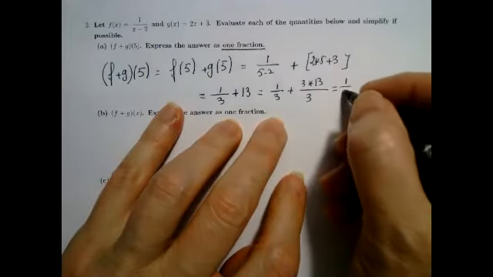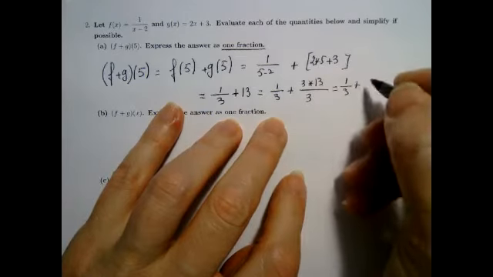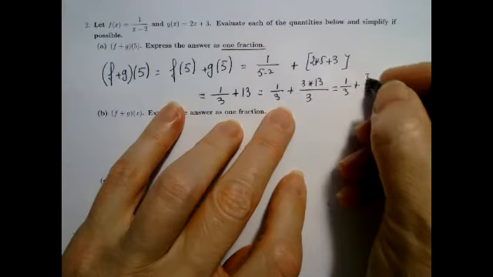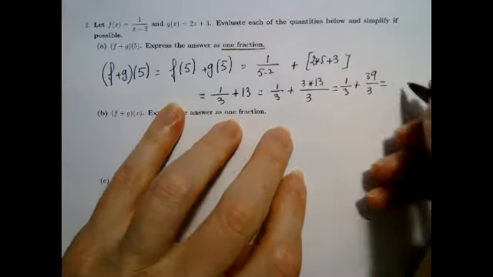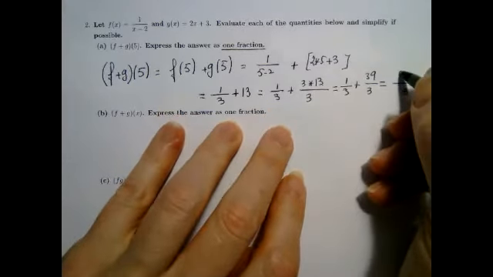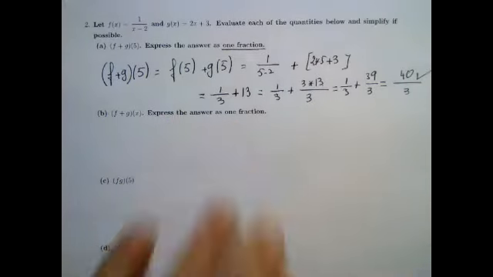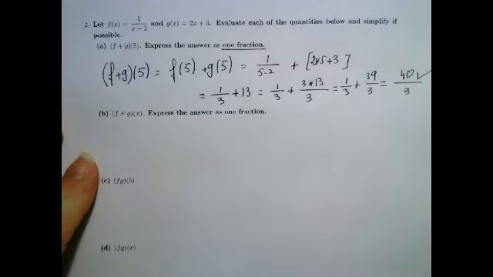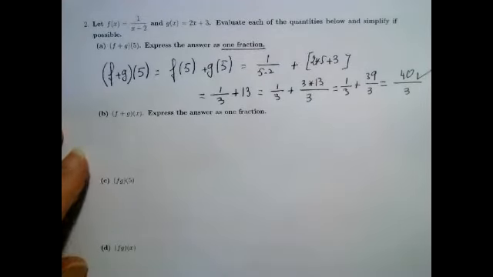So how much did you get here? 39 over 3. And then 39 plus 1 is 40. So you get 40 over 3. Absolutely correct.